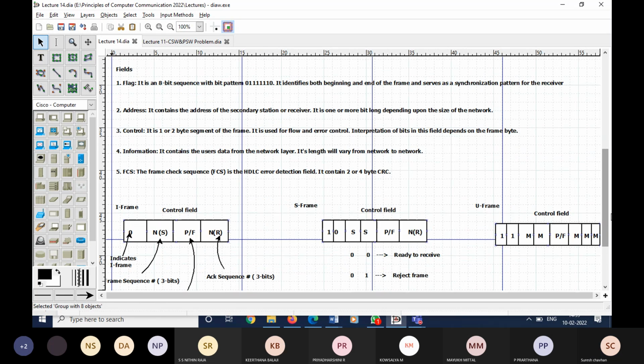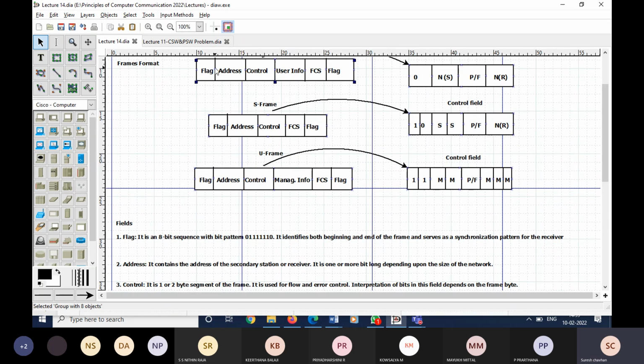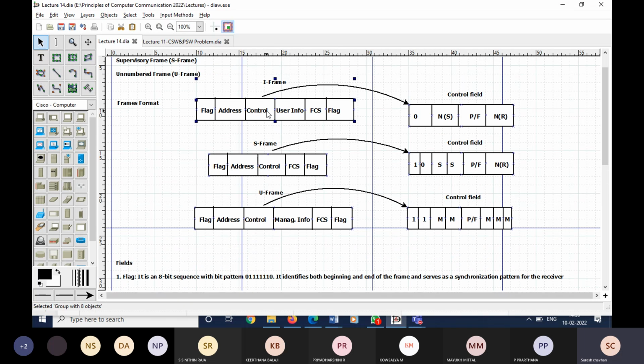Each of these frame formats will have different fields, correct? So flag, address, control, user information, FCS, and again the flag. Each of these fields we have studied. With respect to each field, the flag is an 8-bit sequence with a bit pattern starting with a 0 followed by 5 ones and a 0, that indicates the beginning and the end of the frame.